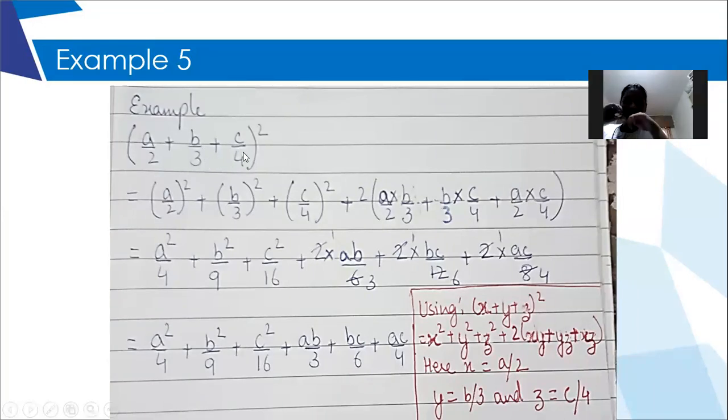B by 3. And Z? C by 4. And what will happen to this square? This square also will go and sit on that square, right? Yes, ma'am. Okay. Now that means you are actually replacing your X, Y, and Z with A by 2, B by 3, and C by 4.